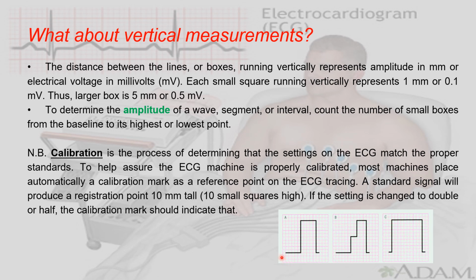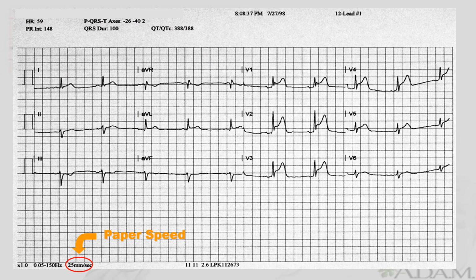So what I want to check is how many squares 1 millivolt is. If 1 millivolt is 10 small squares, this is okay. This is the standard. If I find it like half, only 5, this means half calibration. If it is double, this is double calibration.